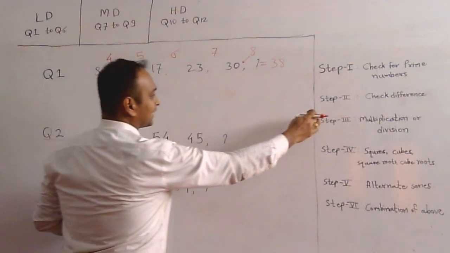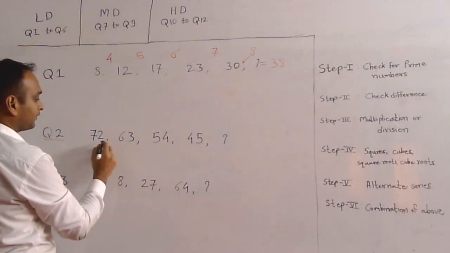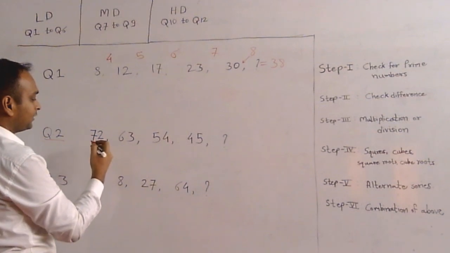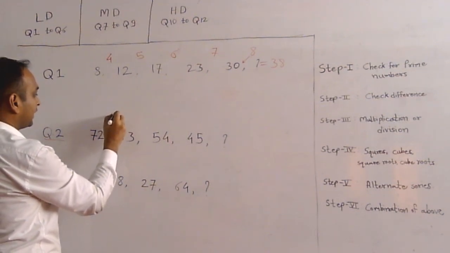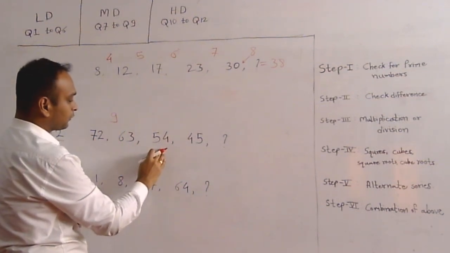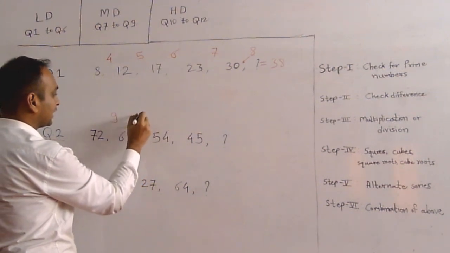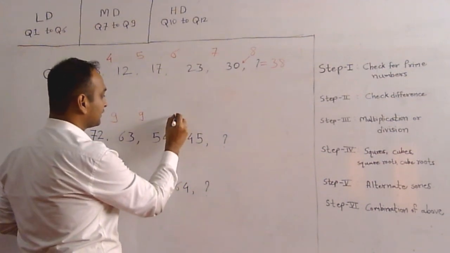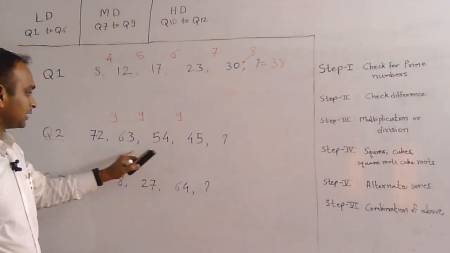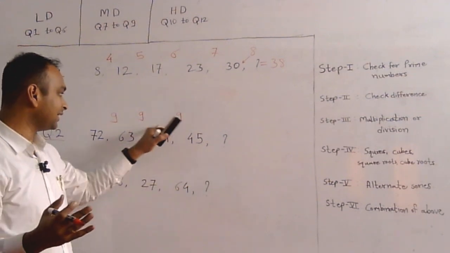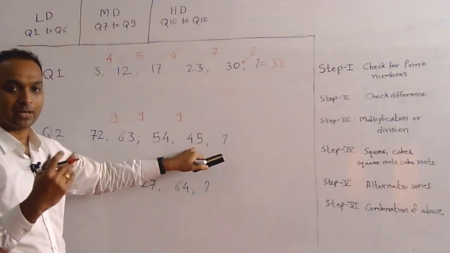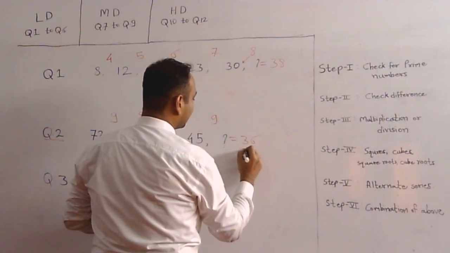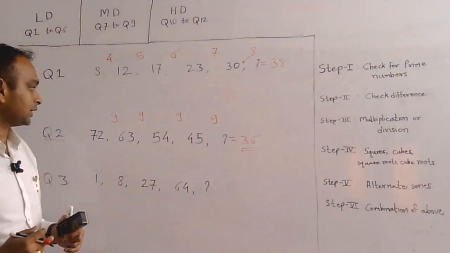Check for differences as per step 2. 72 and 63, the difference is 9. 63 and 54, the difference is again 9. 54 and 45, the difference is again 9. So every time the difference remains the same, 9, and the next number will be 45 minus 9, which is 36, and that is the right answer.